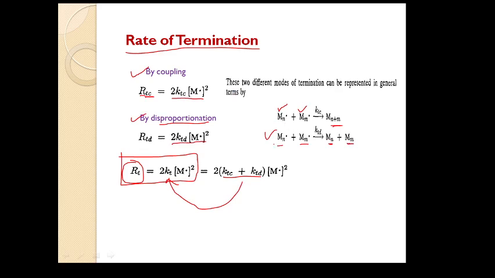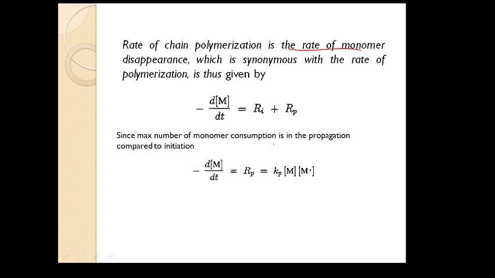So we can say that the monomer will disappear only in the initiation step and the propagation step, but not in the termination step. Therefore, the rate of disappearance of monomer is equal to the rate of initiation plus the rate of propagation, because initiation and propagation are the only steps where monomer is involved.